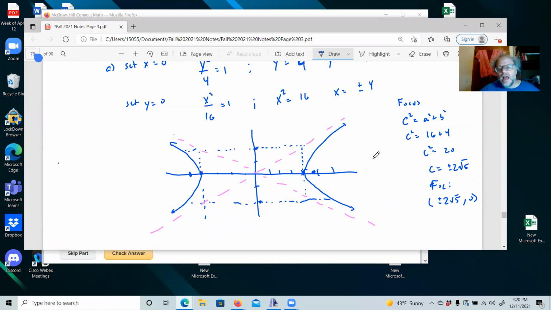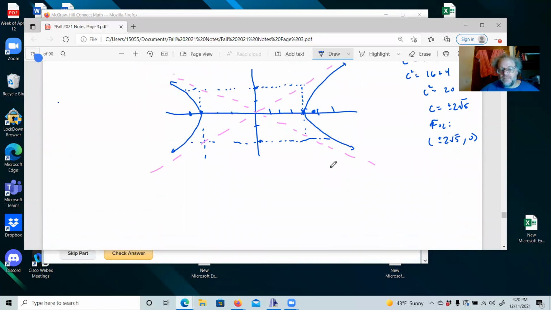Okay, how do I find the asymptotes? Well, in this case, it's lucky. We're going through the origin. If it doesn't go through the origin, we've got a little bit more work to do. But in this case, we're just going to go through the origin. What's the slope? It's rise over run, isn't it? All my students are very, very fond of telling me this. And our b, our intercept, in this case is going to be 0.